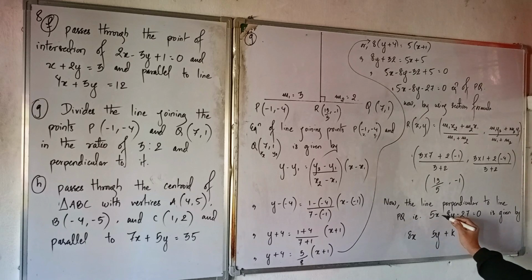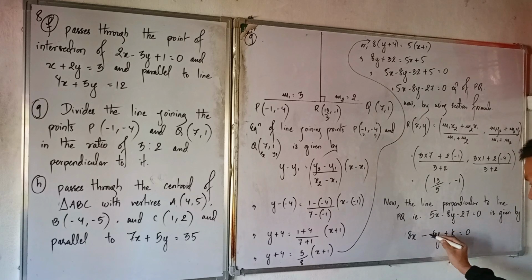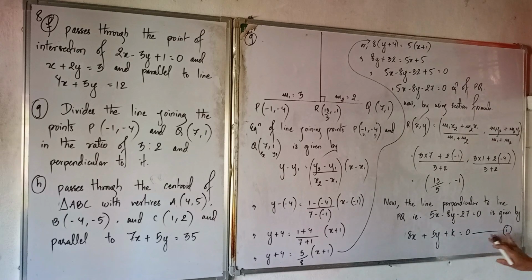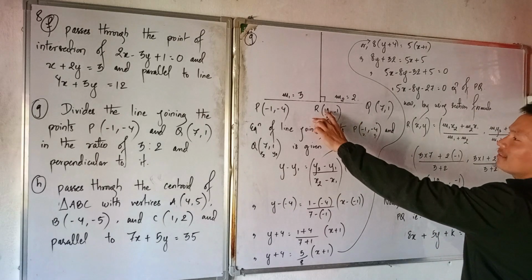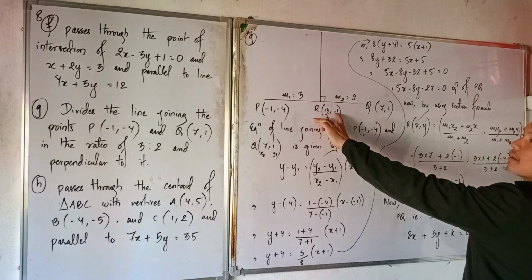And here is a negative sign, now the negative sign becomes positive. Let this be supposed line I. Okay, you can also suppose this I, doesn't matter. Now, since this line passes through this point R, 19 by 5, minus 1.